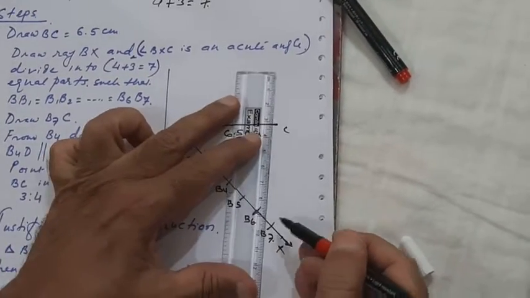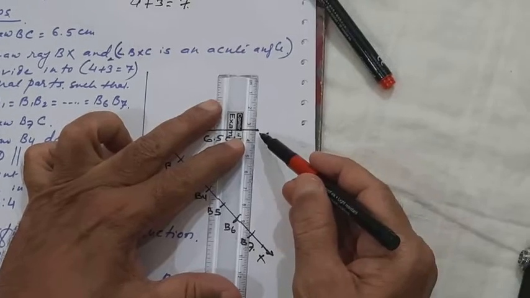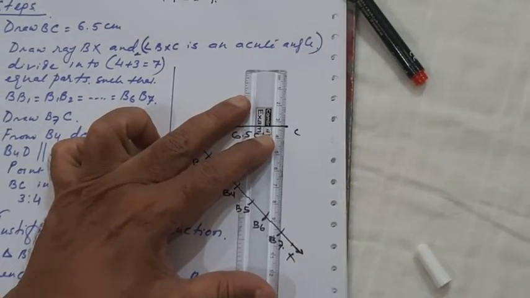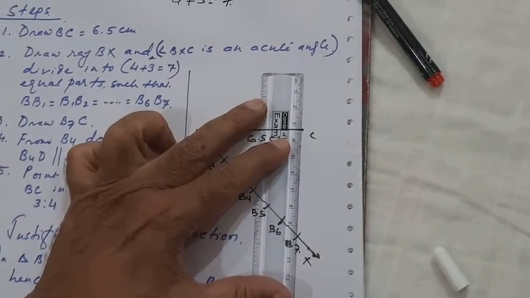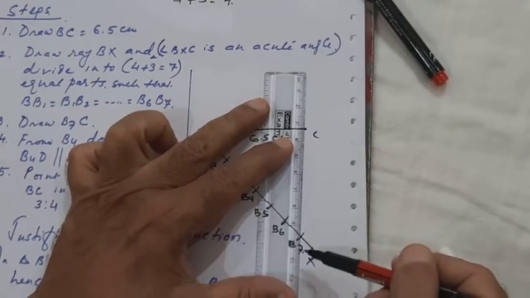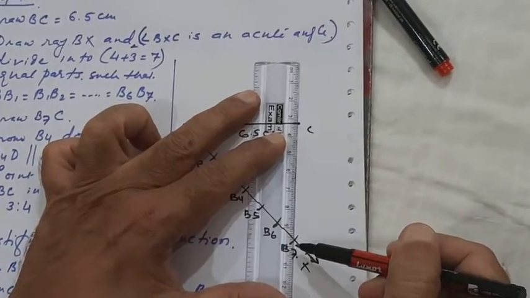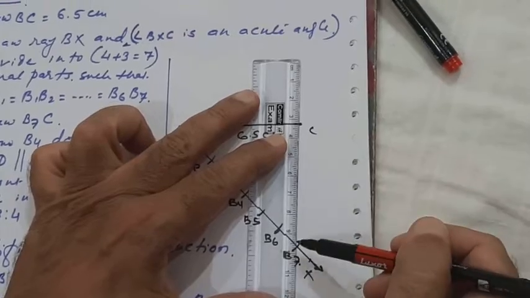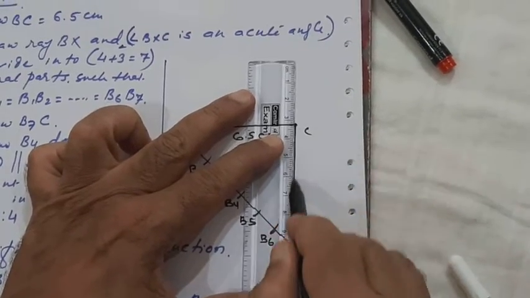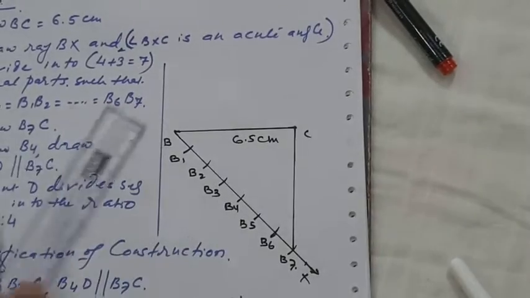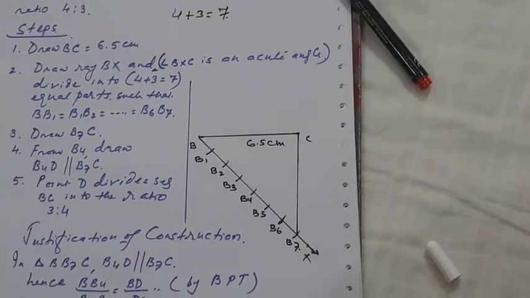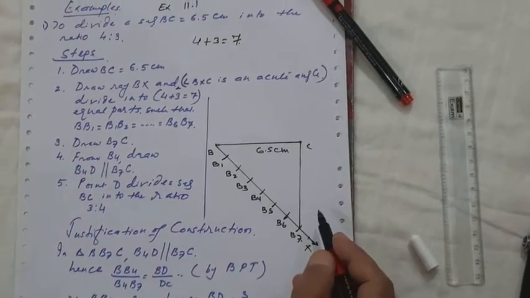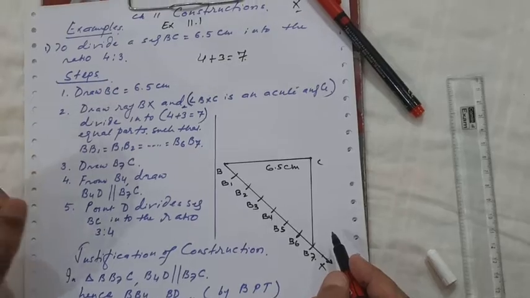Now draw segment B7C. Join C and B7. See that. Take ruler and draw a segment B7C like this. As in last video I showed you how to draw a parallel line.